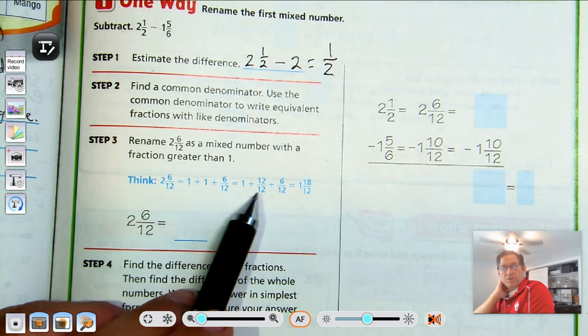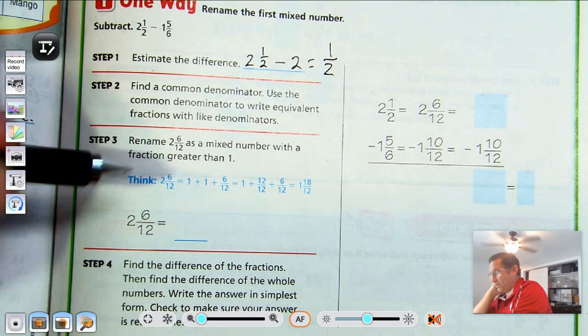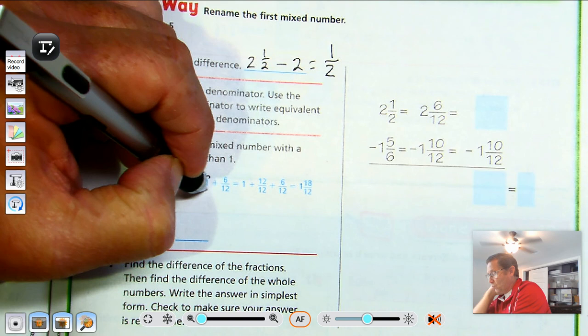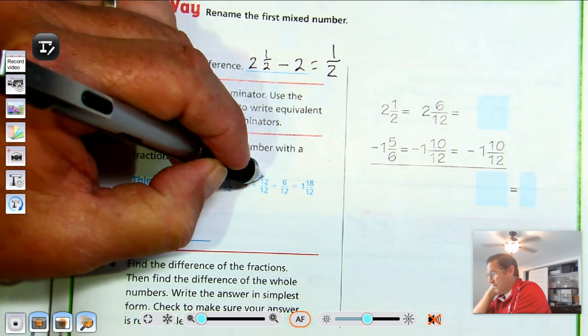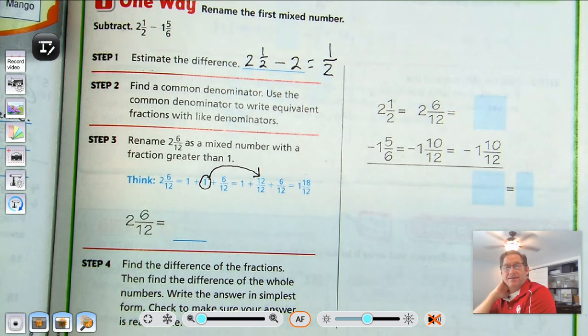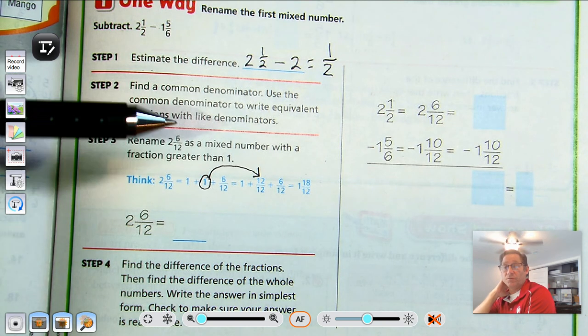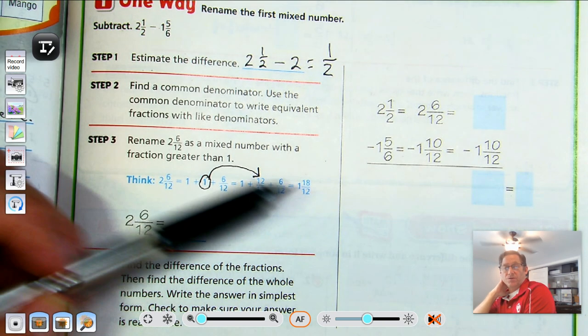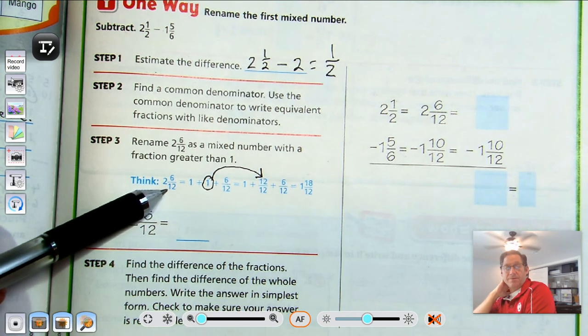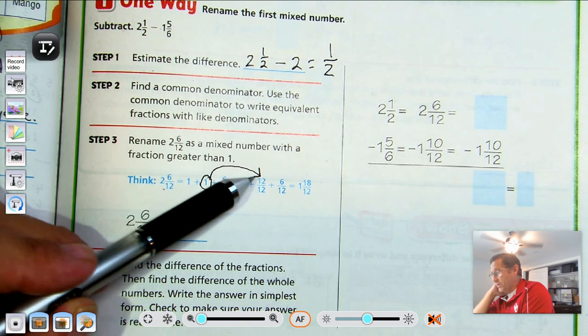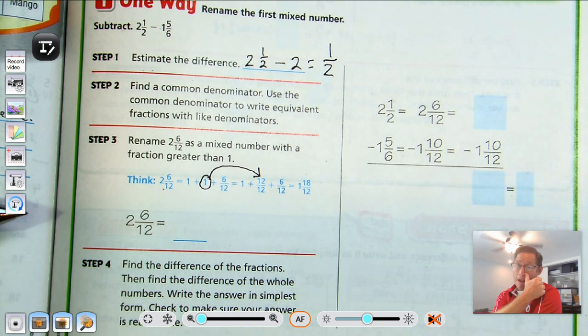Now look at what we're going to do with one of the ones. We're going to take one of the ones and rename it as a fraction with the same numerator and denominator, 12/12. The reason we're using 12ths is because the denominator is 12. So 1 whole in this problem would be equal to 12/12.